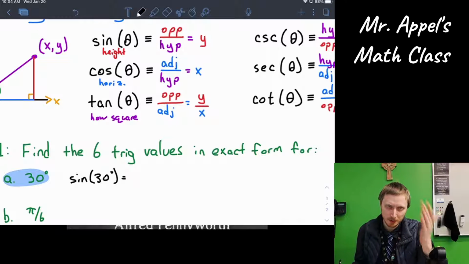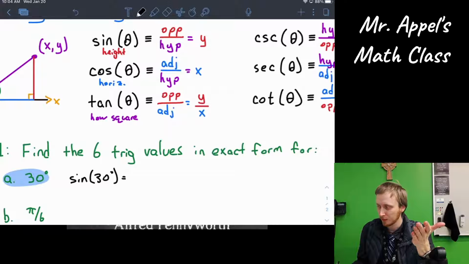Sine of 30 degrees, everybody. How much? Oh, there, Ruby, thank you. Ruby's got it. Why is this not an immediate response?